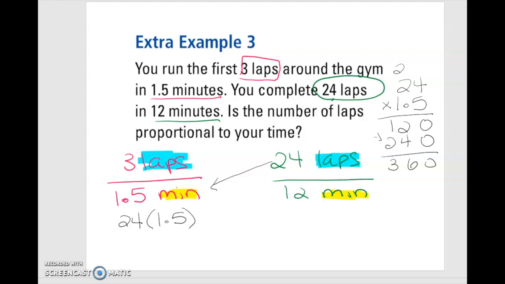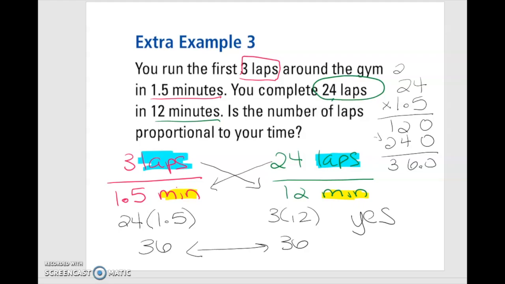So I end up with 36. And then over here, 3 times 12 is 36. Since both cross products are the same, we would say yes, these are proportional. So when we're looking at proportions of ratios, yes, they are proportional if their cross products are the same, or if we can simplify them to the same ratio.